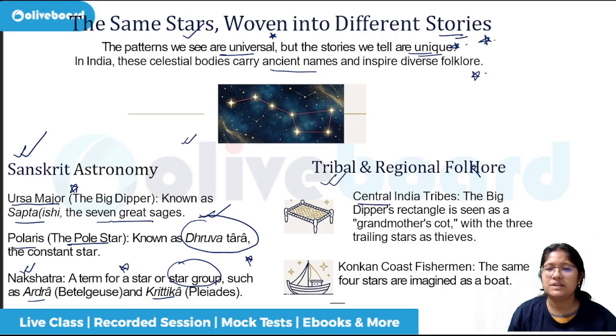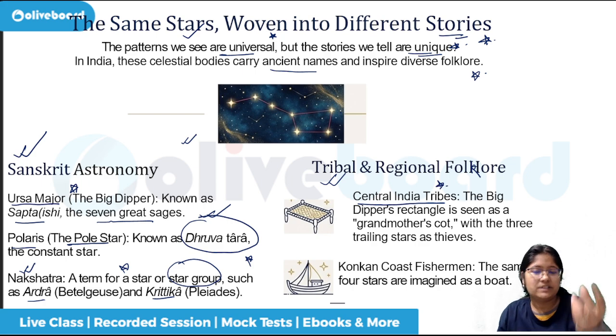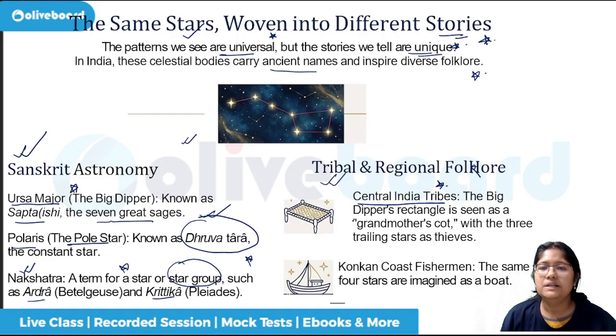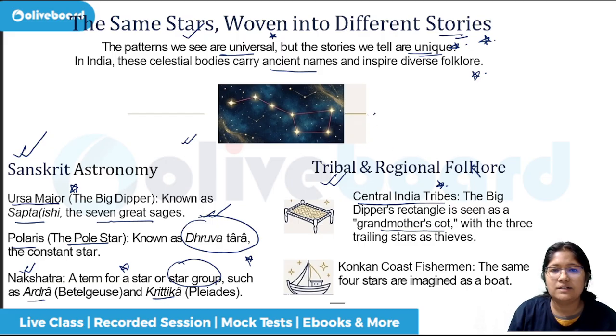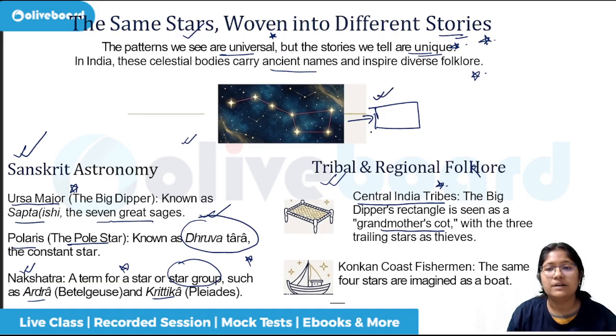For example, the tribes present in central India, for example, in Madhya Pradesh, see the Big Dipper's rectangle as a grandmother's cot. This rectangle that we see in the Big Dipper is considered a grandmother's cot.